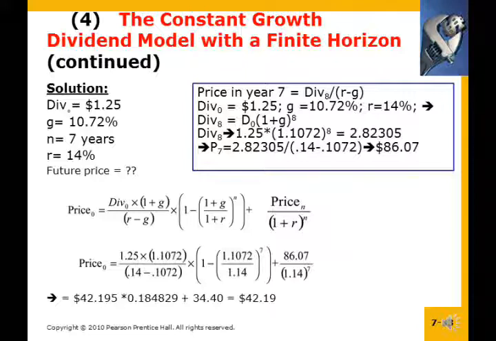Again, to get dividend 8, you will apply the rule dividend T equal dividend naught times 1 plus G to the power T. This rule is mentioned in the third model. So dividend 8 will be equal to 1.25, which is dividend naught, times 1.1072 all to the power 8.